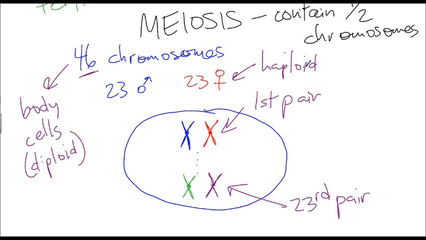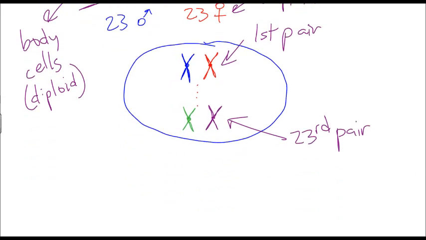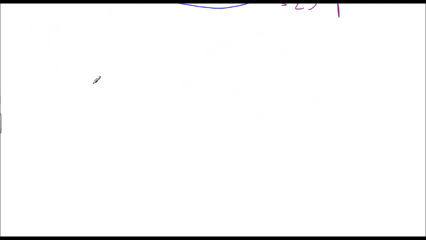So now, what ultimately happens? These sex cells are ultimately going to be formed through a process called meiosis. And we're going to look at meiosis a little bit closely.